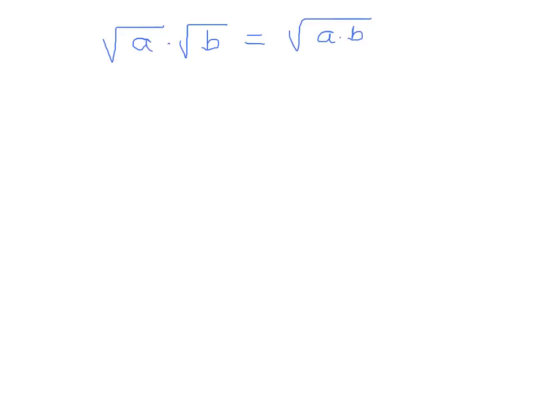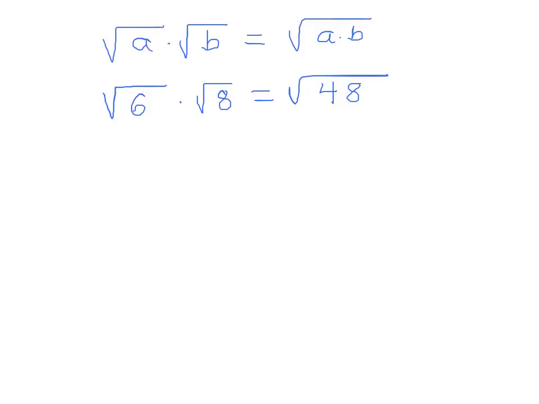For example, you can have the square root of 6 times the square root of 8. If that's written like that, you can then do the square root of 48. Now the square root of 48 is not in simple radical form, but we'll talk about that in a minute.